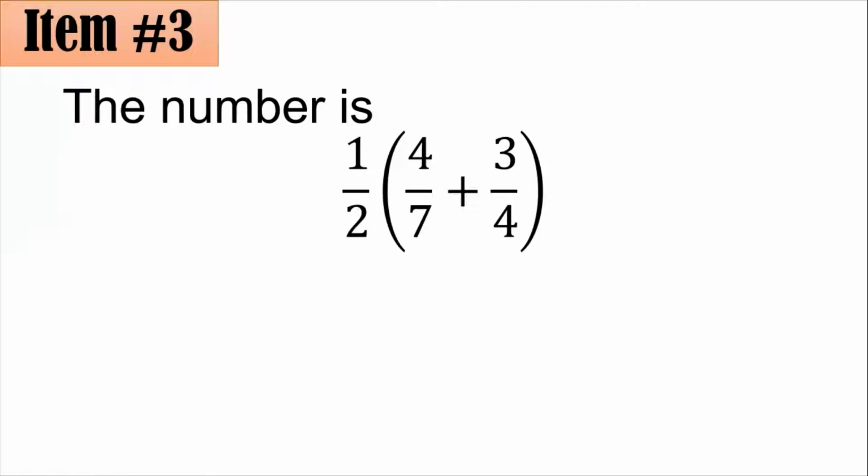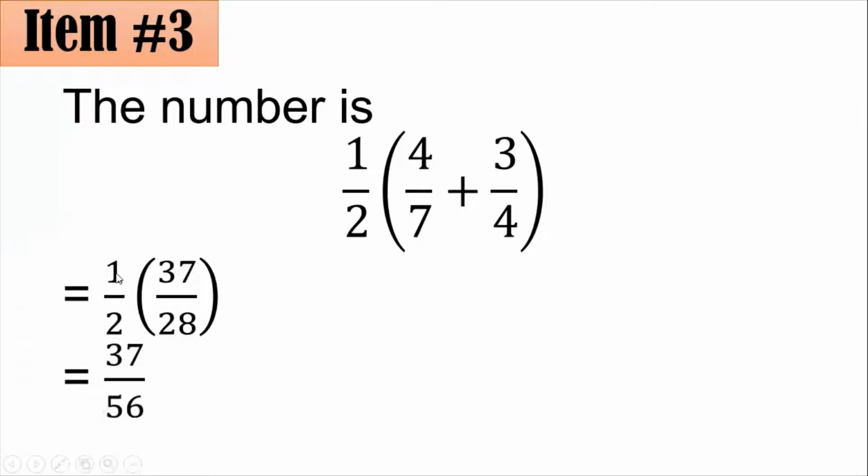You could verify on your own or using your calculators that the sum of 4/7 and 3/4 is 37/28. And multiplying that, 1/2 times 37/28, so numerator times numerator, 1 times 37 gives you 37, whereas 2 times 28 gives you 56. Letter D.